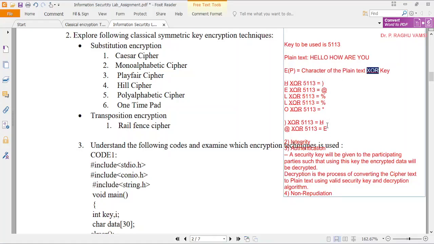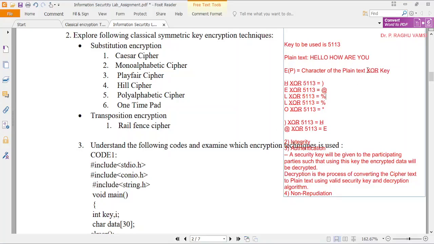These will be saved in an array of characters, and these characters will be sent onto the communication channel. At the receiving end, as they receive these characters, they will do the same exclusive OR operation with the key they have shared, and they will get the original text. The receiver will understand the original text.